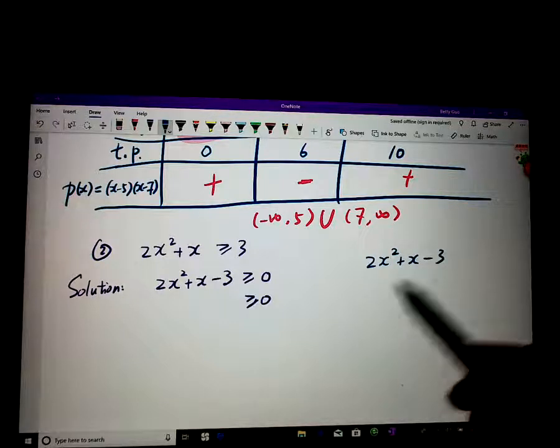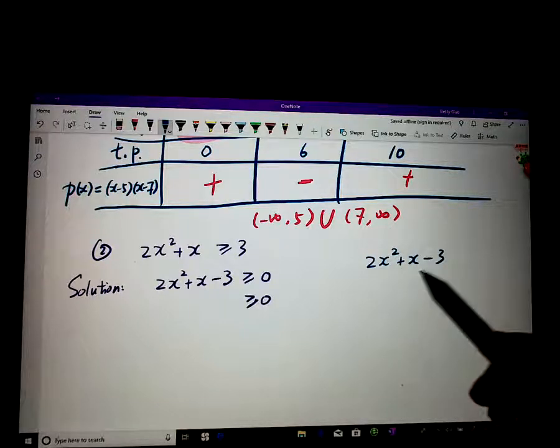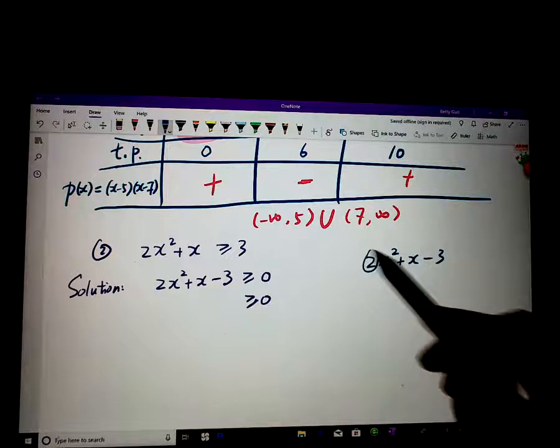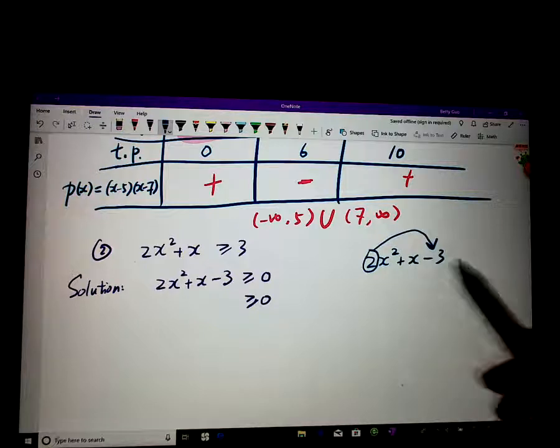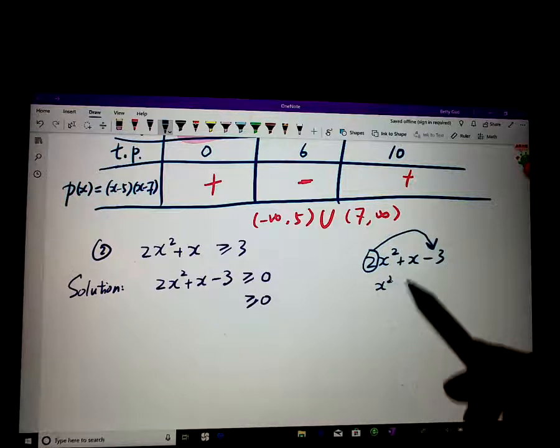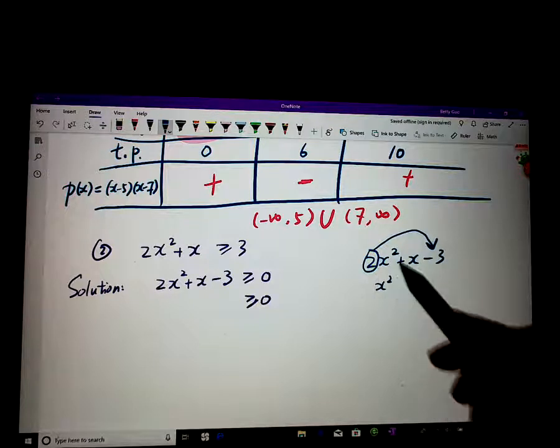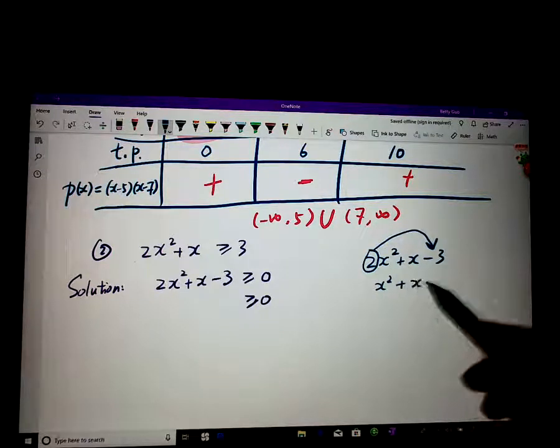So what method could we apply to factor this quadratic trinomial? Slide, divide, slide method, right? We slide 2 to be with negative 3. We create a new quadratic trinomial with leading coefficient 1. That is x squared plus x minus 6.